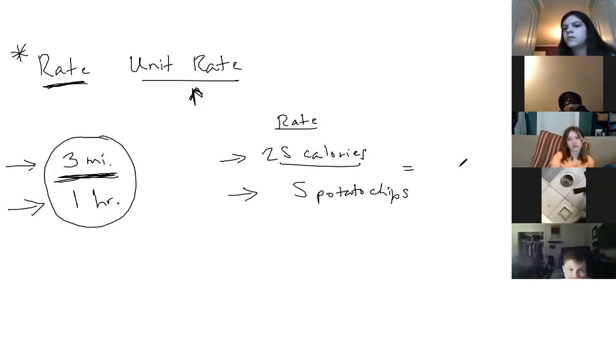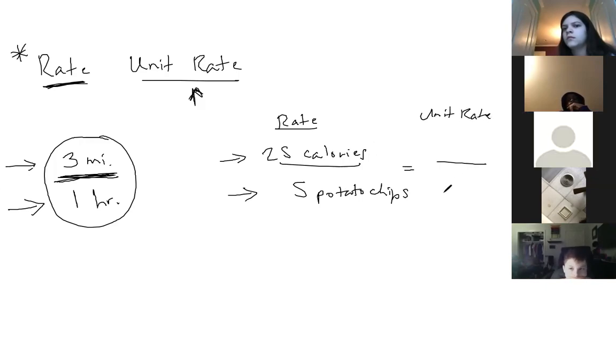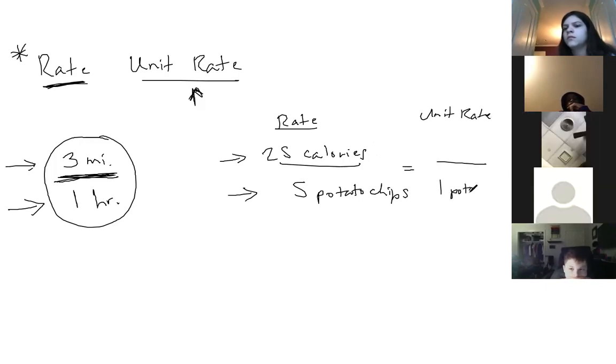How would I make that my unit rate then? Well, remember, my unit rate is per one value. So 5 potato chips and 1 potato chip. Well, how did I go from 5 to 1? I divided top and bottom by 5. So 25 divided by 5.